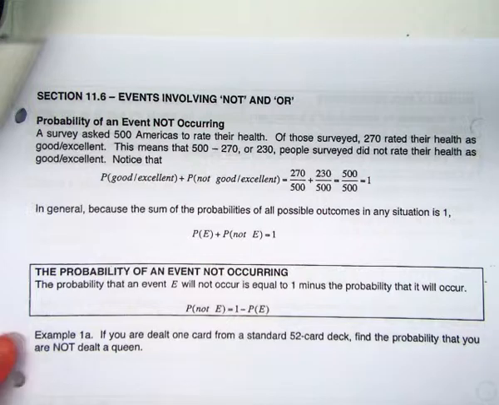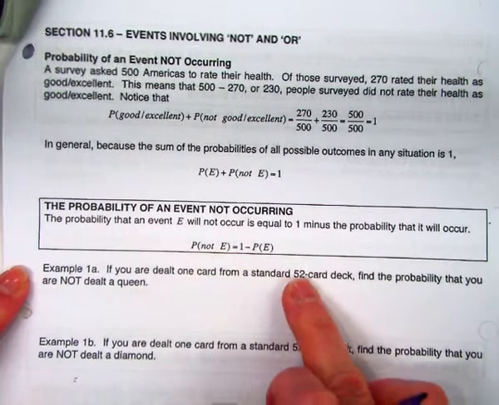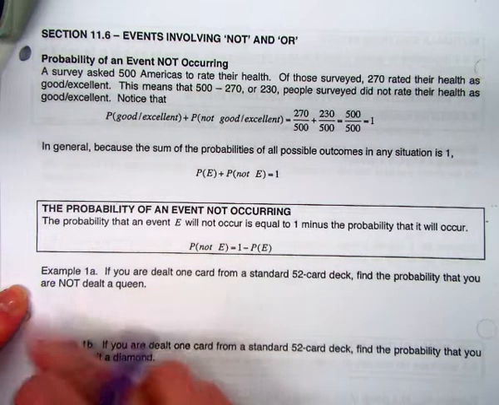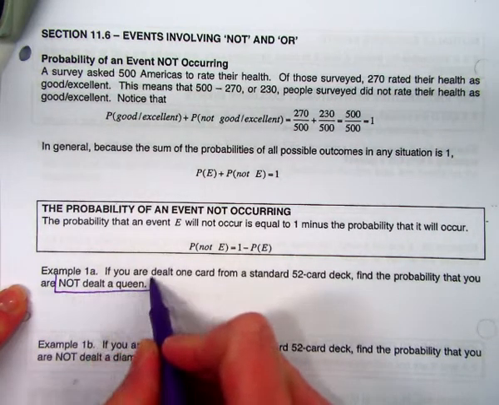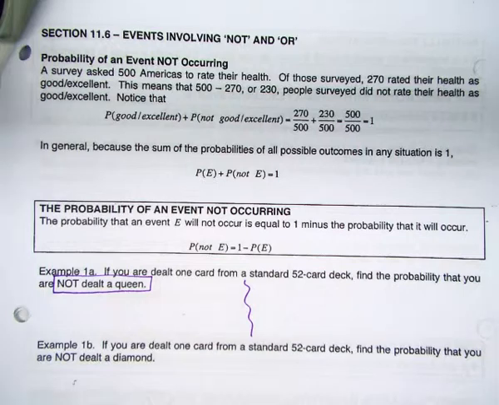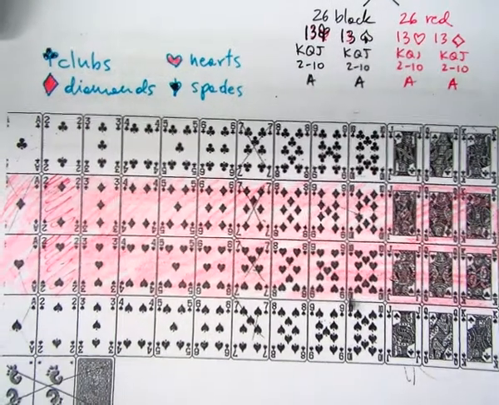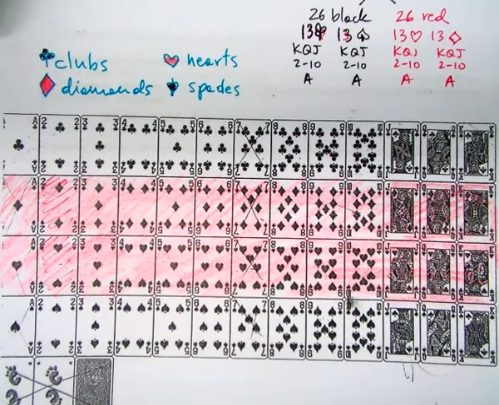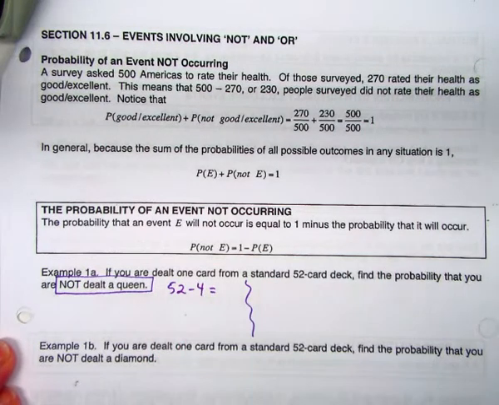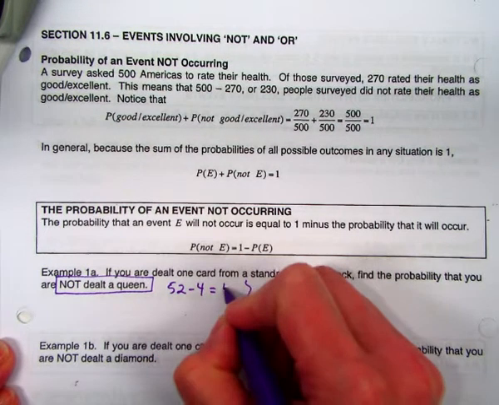If you are dealt one card from a standard 52 card deck, find the probability that you are not dealt a queen. So just the way that I explained this a minute ago, how many cards are not a queen? First of all, how many are queens? 4. So what you have to do is take 52 minus 4, which is 48.